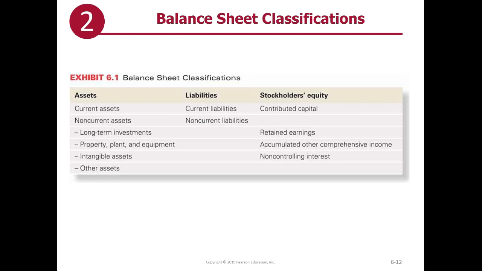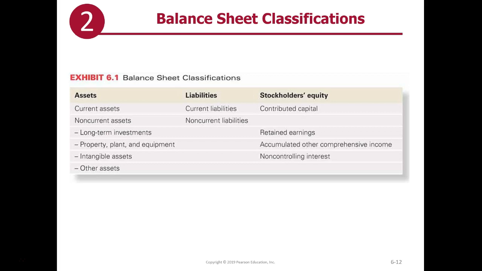Other assets is a catch-all for anything that doesn't fall easily into the other categories. For example, a long-term prepaid asset. You can't put it under current assets even though prepaid items often are in current assets. So a long-term prepaid doesn't fit any of the other categories and it would fall under other assets.